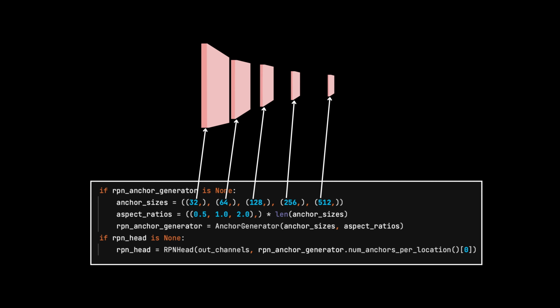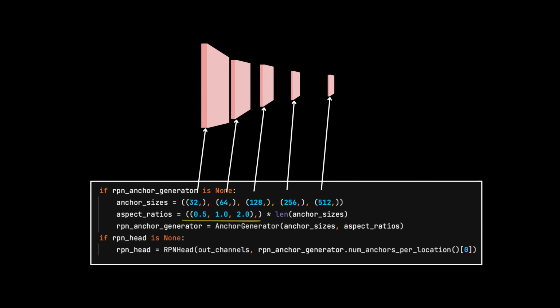So each feature map is going to be responsible for anchor boxes of only a single scale. But for each scale, we are going to predict 3 aspect ratio boxes: 1:2, 1:1, and 2:1. This means that each feature map cell is going to generate predictions for 3 anchor boxes, which would be of a single scale and 3 different aspect ratios.